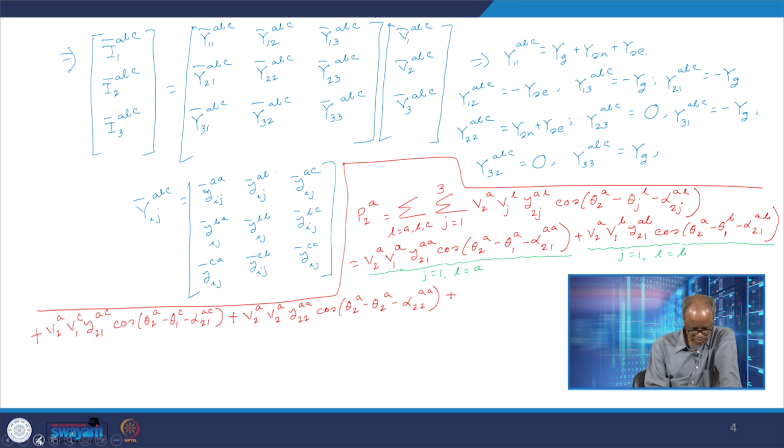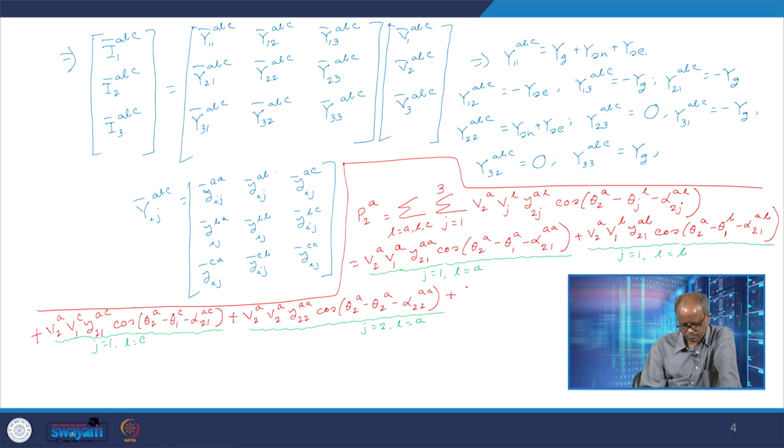So this is j is equal to 1, L is equal to C, and this is basically j is equal to 2, L is equal to A, right?